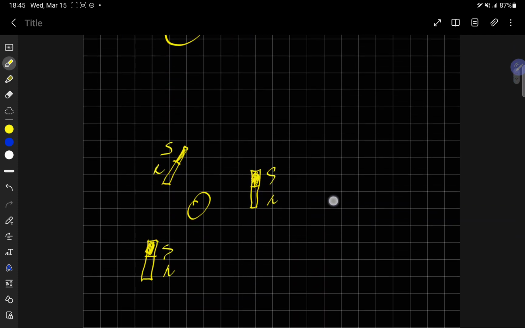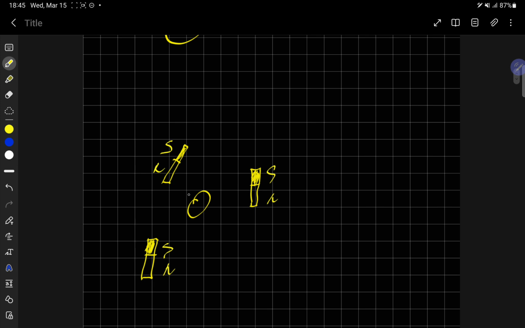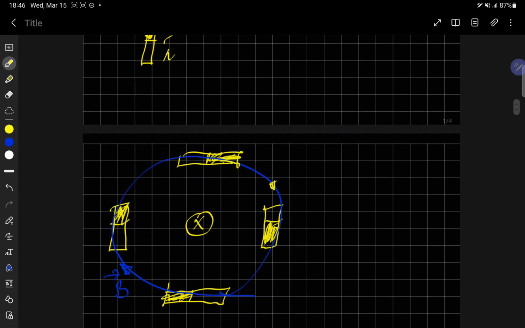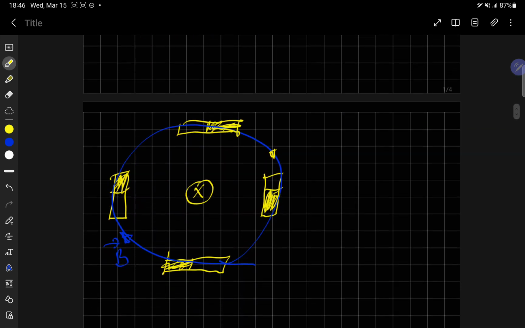Let's say that we have a wire, and around that wire we have some magnets, and if we now have a current through that wire, the magnets will align in a circle around the wire.